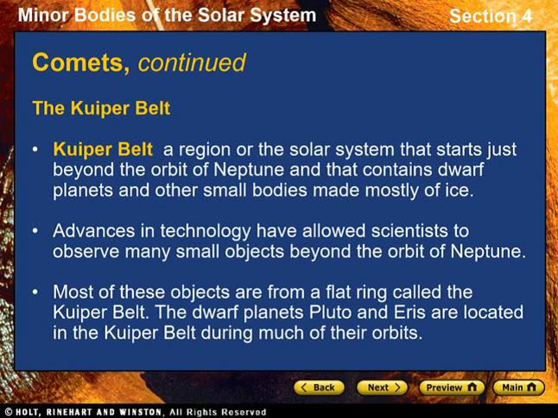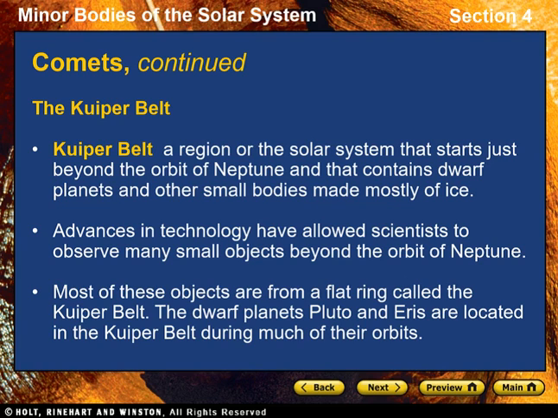The Kuiper Belt. Recent advances in technology have allowed scientists to observe many small objects beyond the orbit of Neptune. Most of these objects, including some comets, are from a flat ring of objects called the Kuiper Belt. And the Kuiper Belt is located beyond Neptune's orbit.